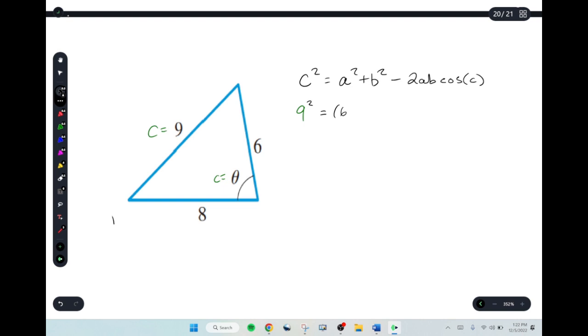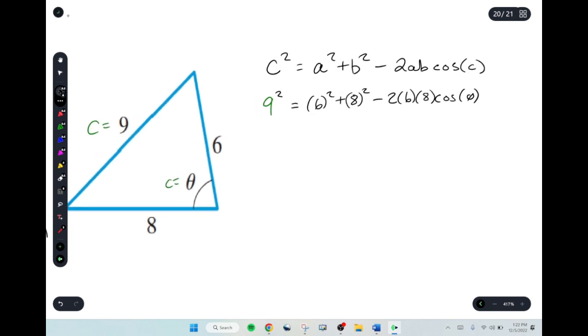We got 6 squared plus 8 squared minus 2 times 6 times 8 cosine theta, or C, whatever you want to call it. Wait a second. We don't know theta. That's what we're looking for. It's the only variable. That's good.